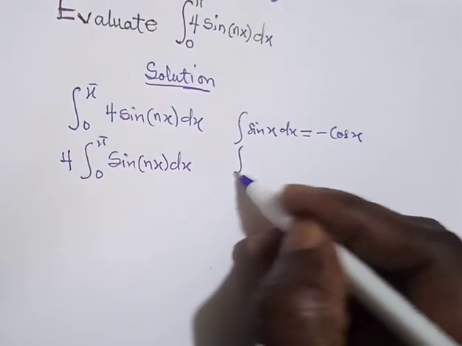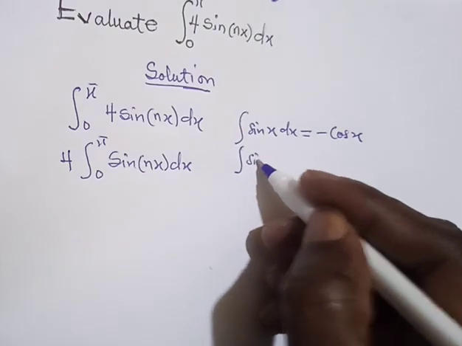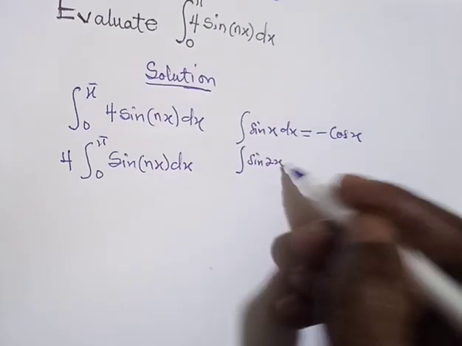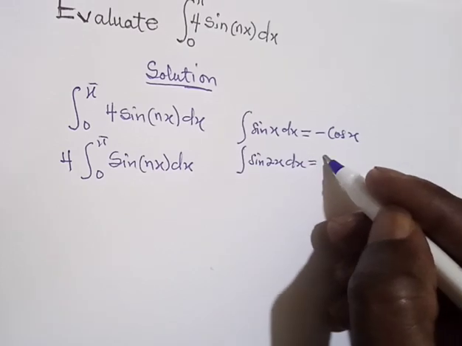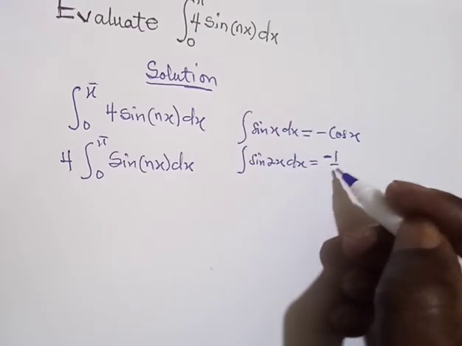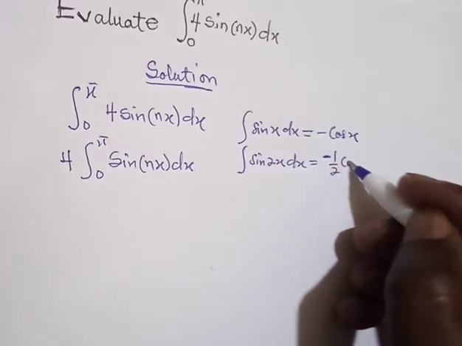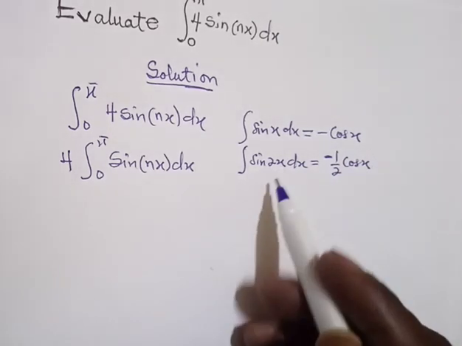The same thing if you have sine 2x dx, we are getting negative half cos 2x.